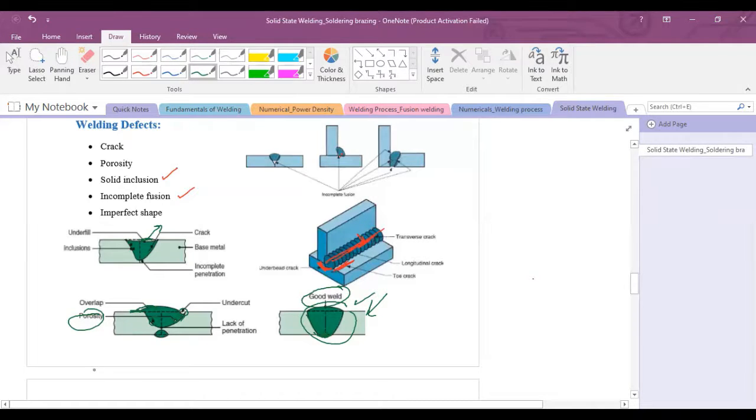So you can prevent your joint from improper or imperfect shape by using the proper filler material, and by using the proper gas to protect the base metal or the filler material from the environment.